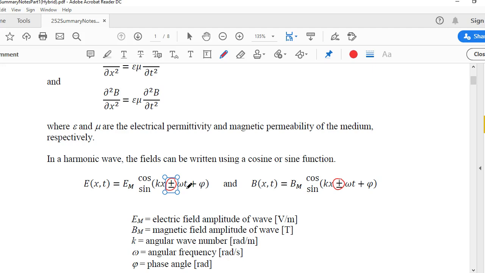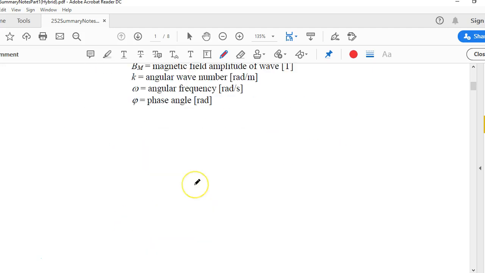A plus sign would be traveling to the left, and a minus sign would be traveling to the right. It's the opposite of what you might first think. Don't worry too much about that; we're not going to do anything mathematically with it. But plus means going toward decreasing x, and minus toward increasing x.